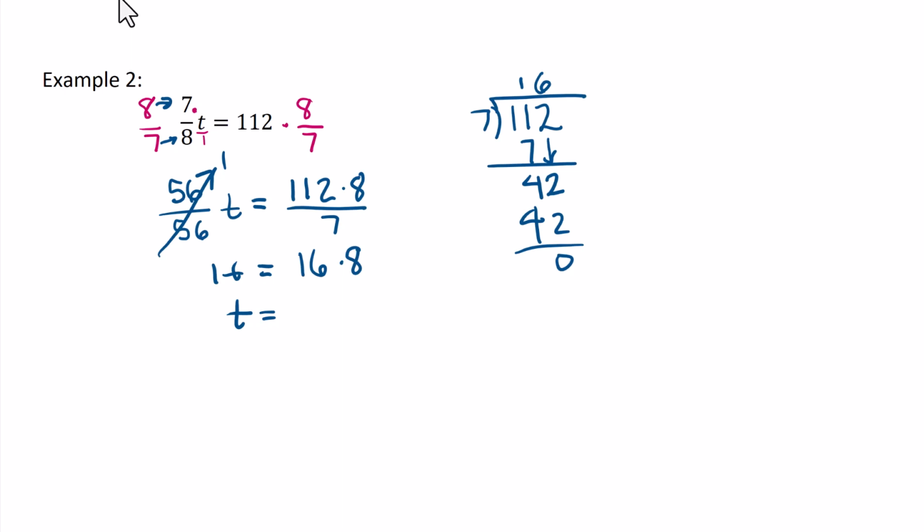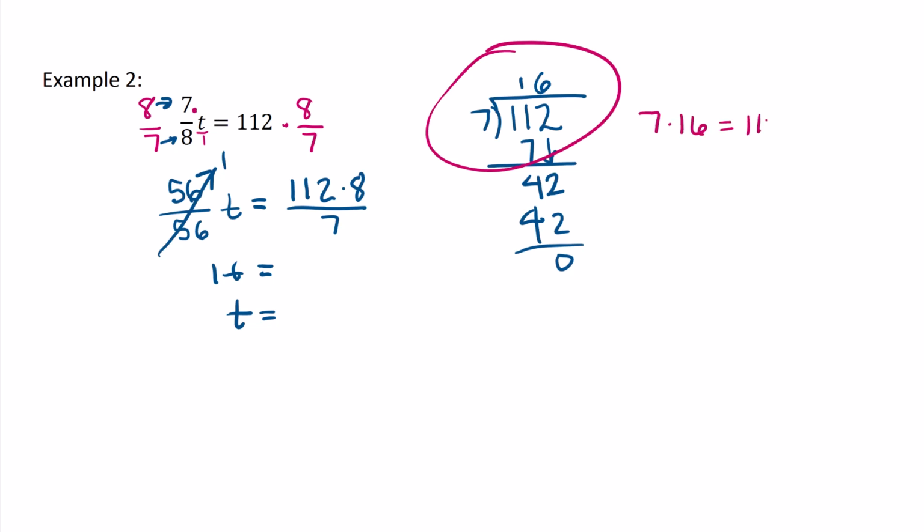Now, if I lost you on that step, let me just show you one other way to think about this. From this statement up here, we know that 7 times 16 equals 112. So I'm going to put 7 times 16 in place of the 112 times 8 all over 7.